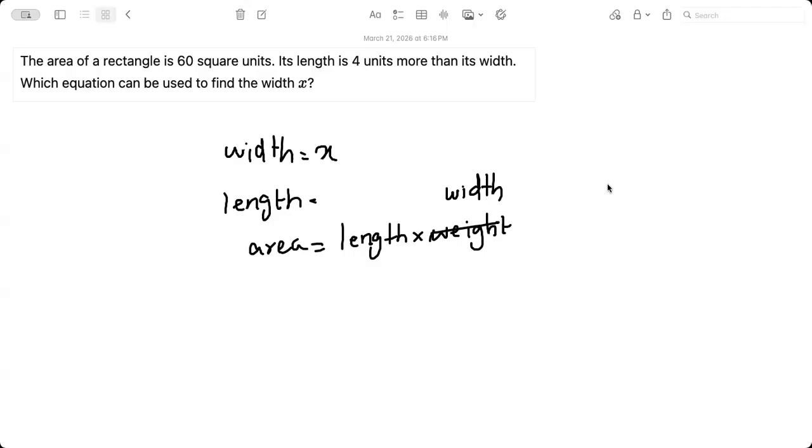I got till factoring it, but I don't know what to do after that. From there you get the answer. So what is the value of x? That's the width, right?